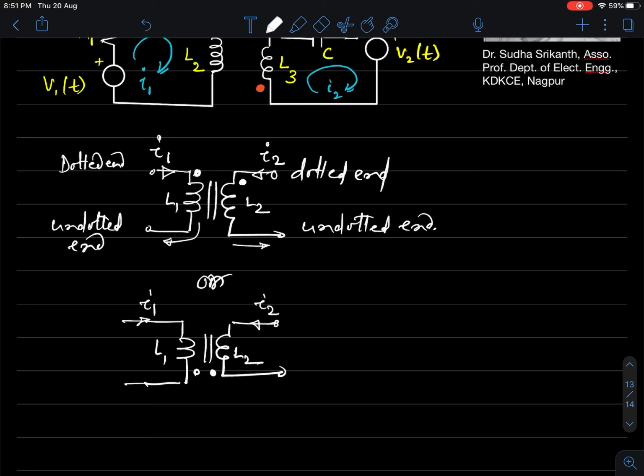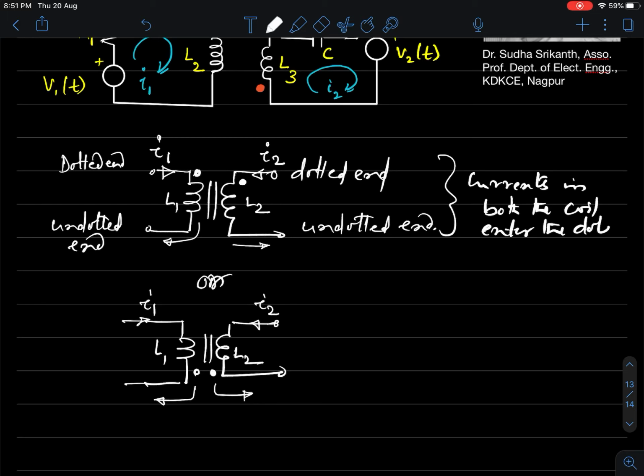Now I1 is leaving the dot and I2 is also leaving the dot. The situation is that currents in both the coils enter the dots simultaneously.